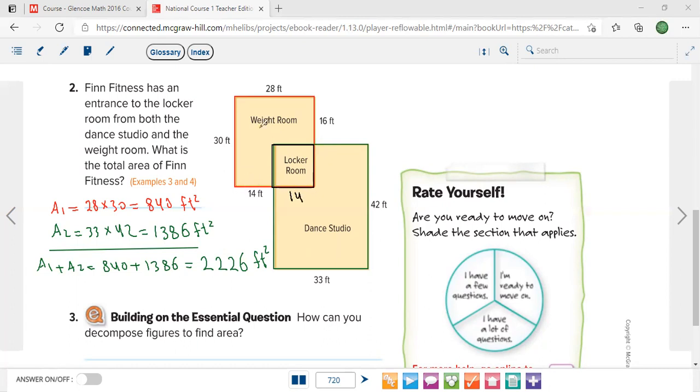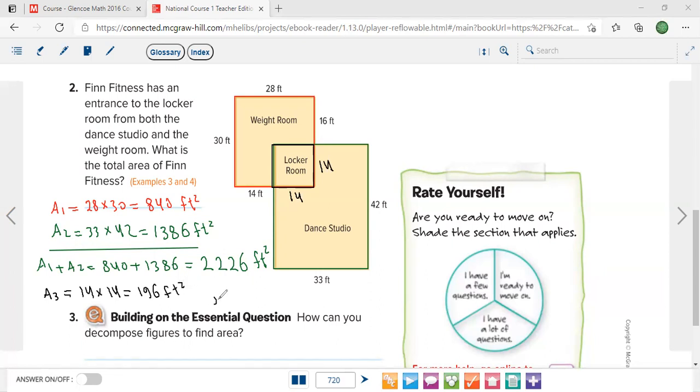Because all of this is 28 like this one. And all of this is 30 like this one. So 30 minus 16 will give you also 14. So area 3, the overlapping part, is 14 multiplied by 14, which gives you 196 feet squared.